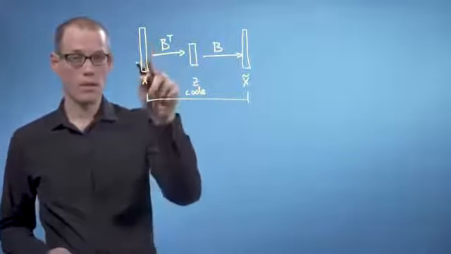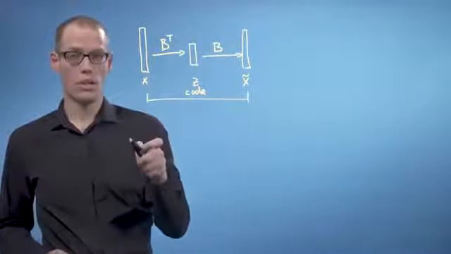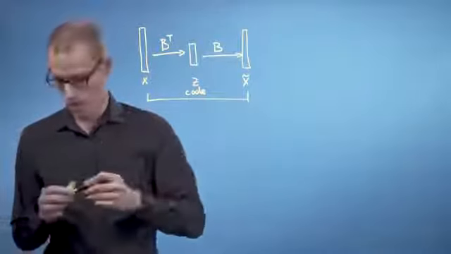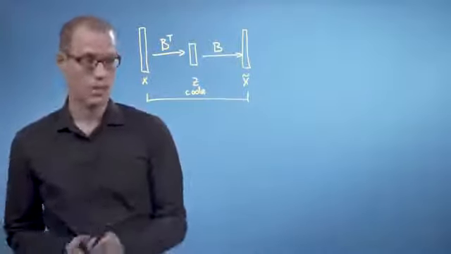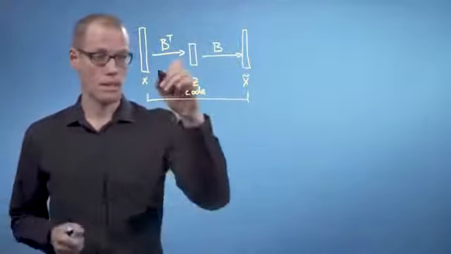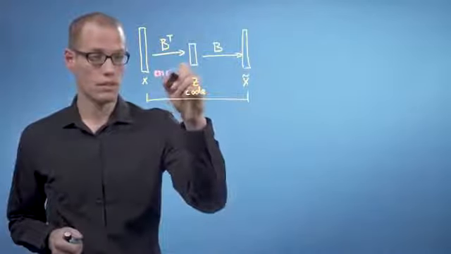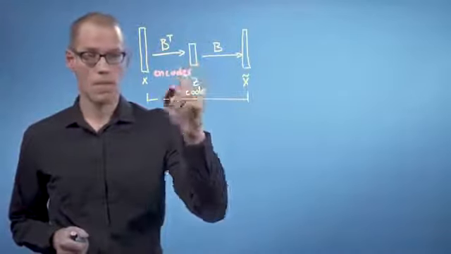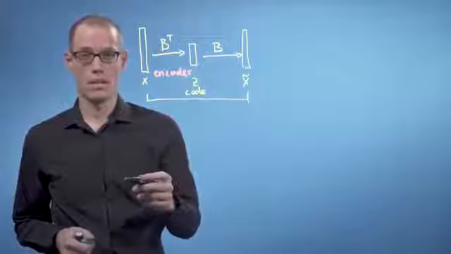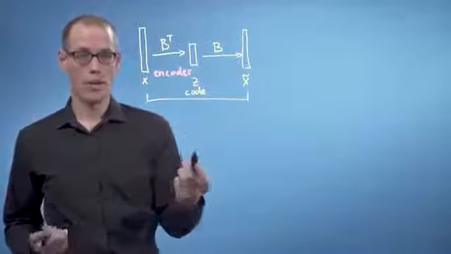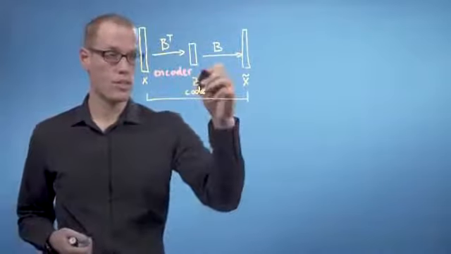The mapping from the data to the code is called an encoder. Let's write this down. So this part here is called an encoder.